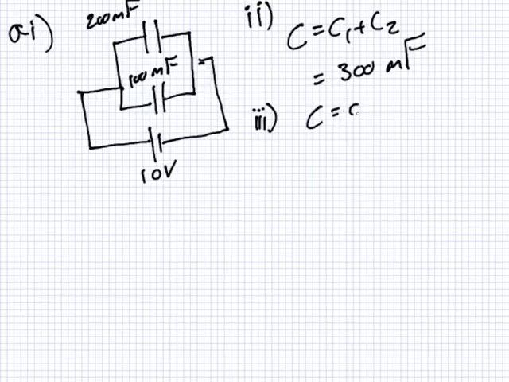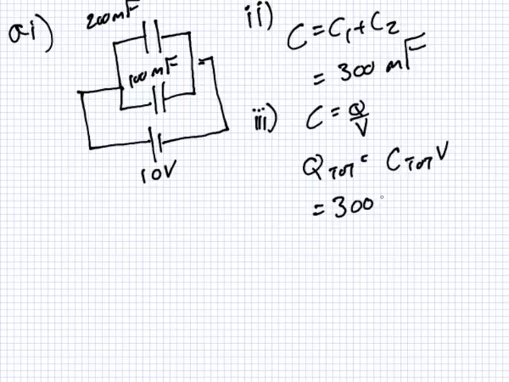C equals Q over V. So Q total equals C total V, which will equal 300 times 10 to the minus 3 times 10, which is 3 coulombs, isn't it?